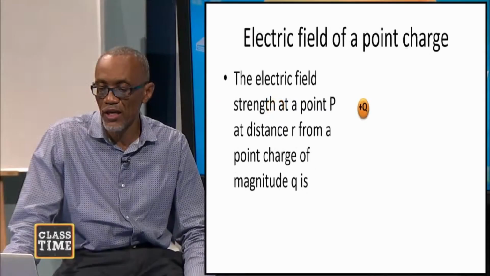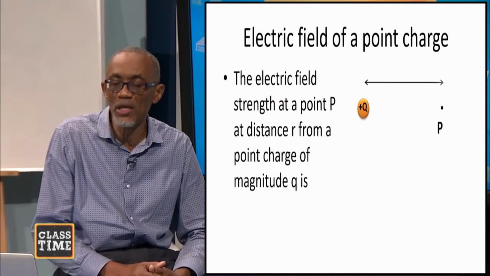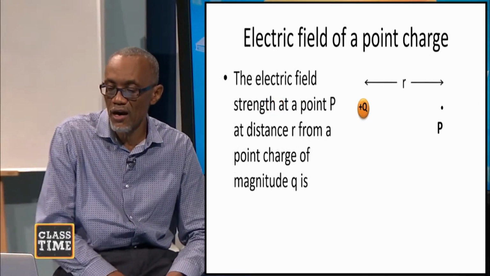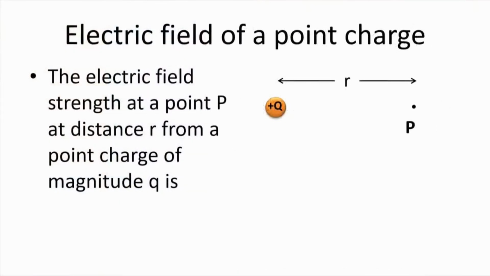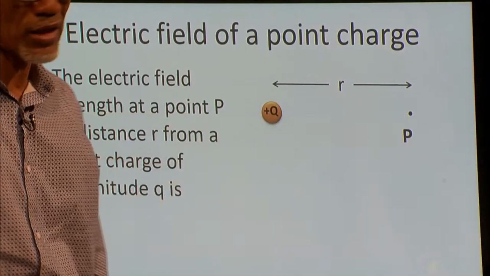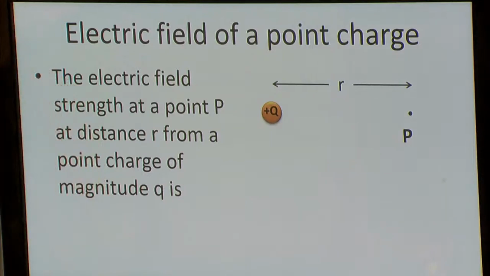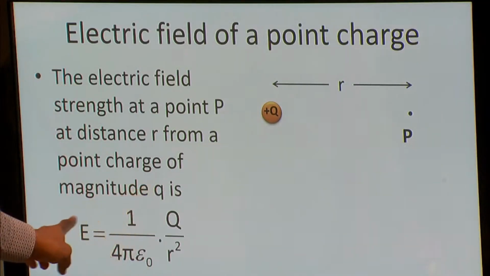The electric field of a point charge: the electric field strength at a point P at a distance r from a point charge of magnitude q. So we have a point charge positive q, and some point P at some distance r from the center of that charge, and it is given by this relationship: E equals 1 over 4 pi epsilon 0 times q over r squared.